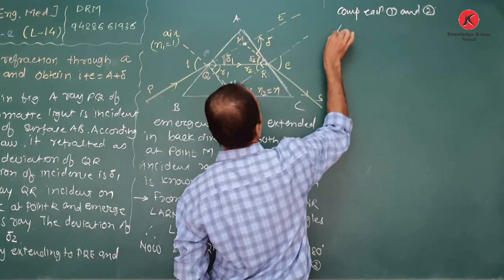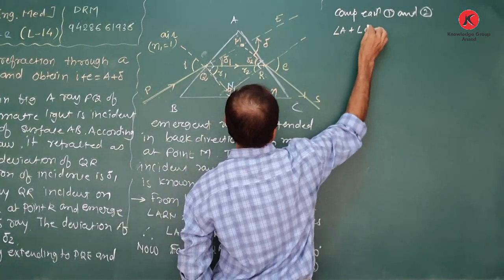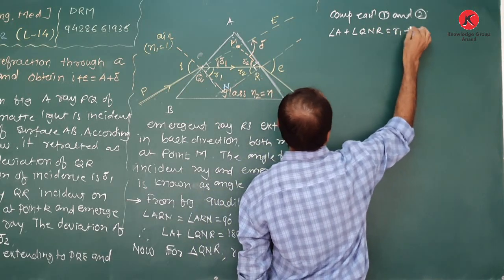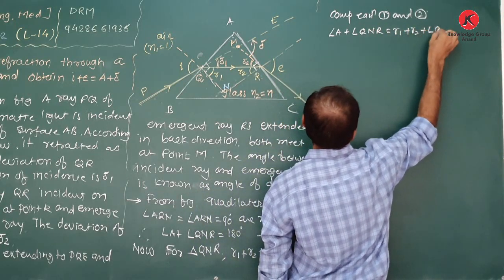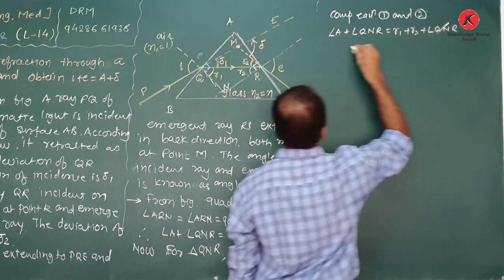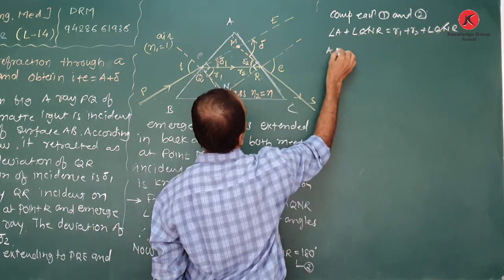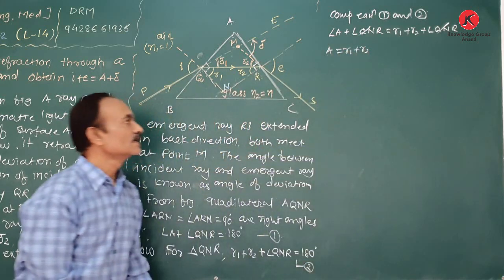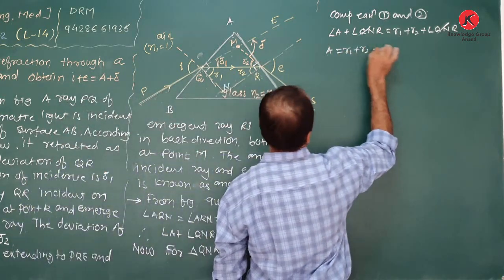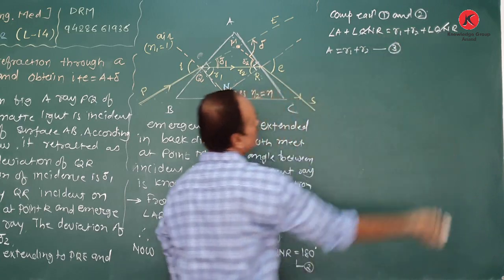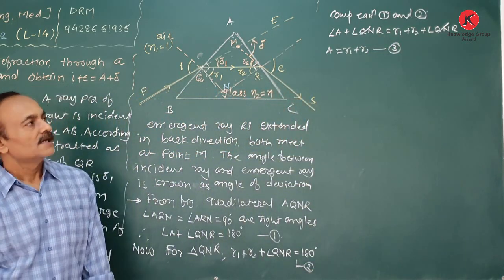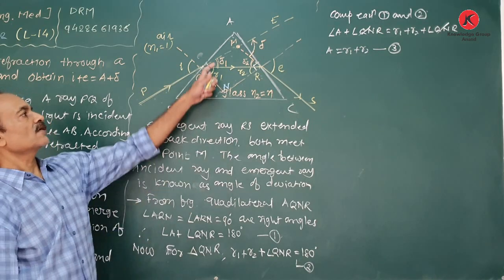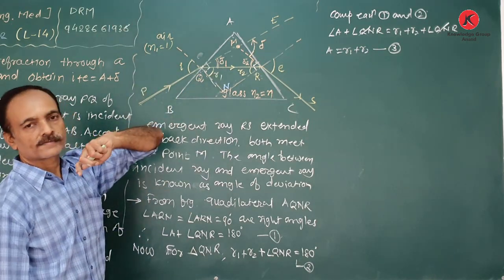Therefore, angle A plus angle QNR is equal to r1 plus r2 plus angle QNR. That cancels, therefore A is equal to r1 plus r2. This is the third equation, the important equation we frequently use, known as the prism angle: A is the addition of r1 and r2.